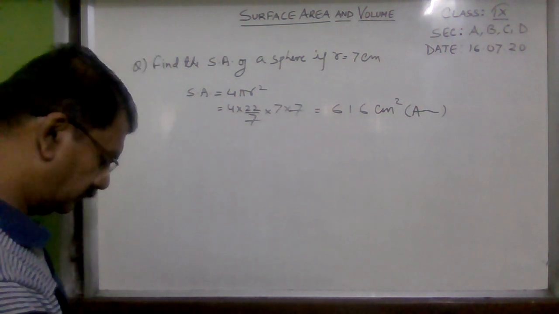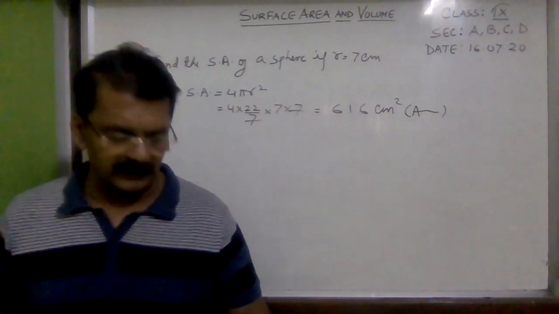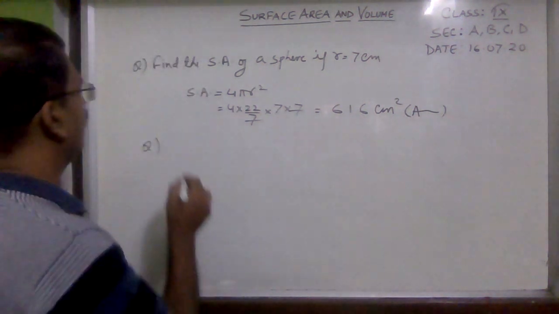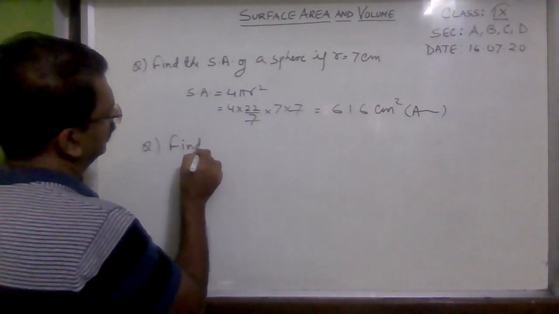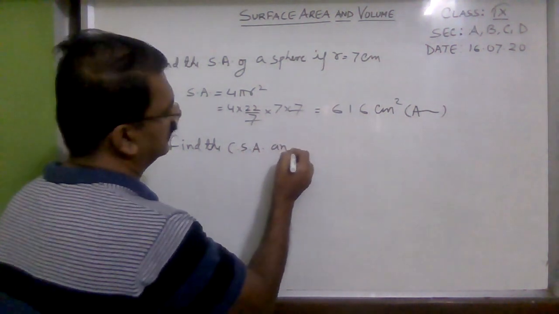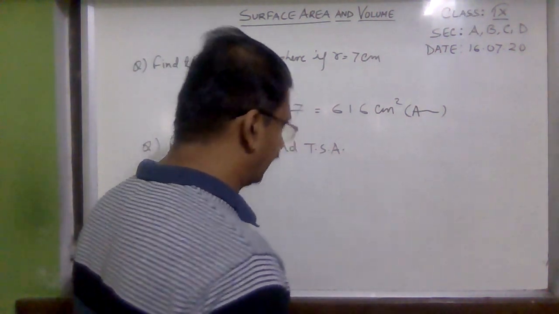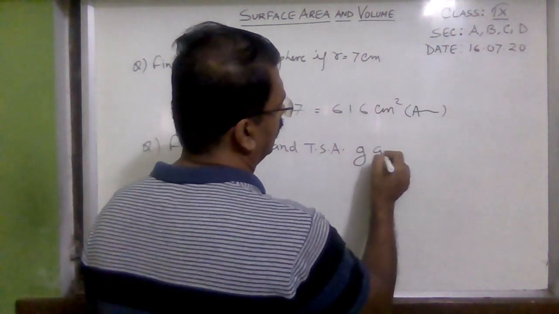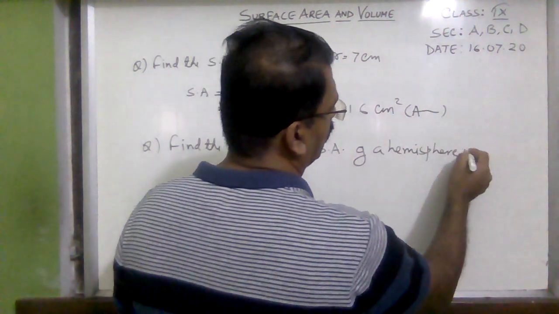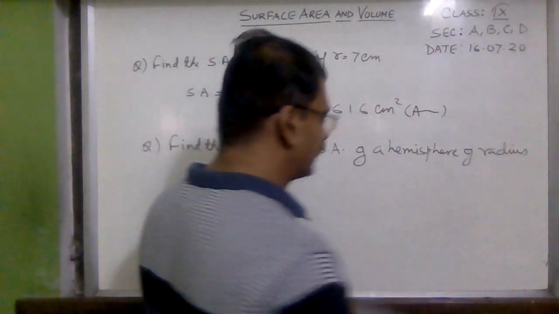Now, the next question is, find the curved surface area and total surface area of a hemisphere of radius 21 centimeter.